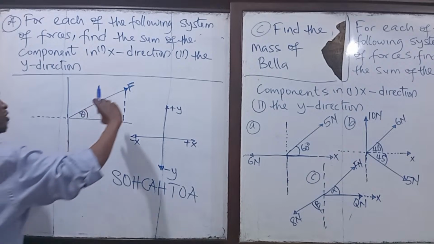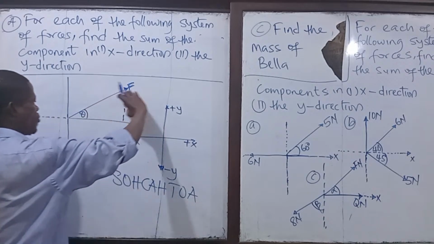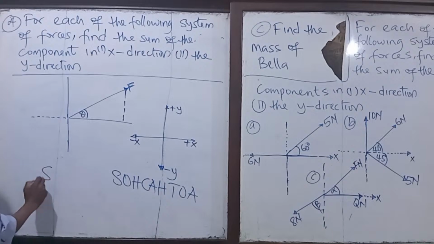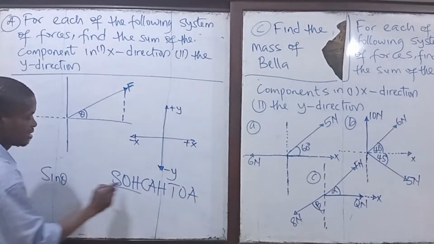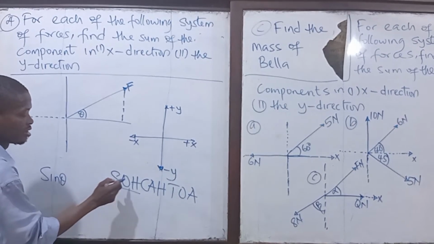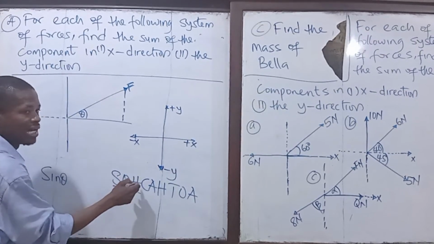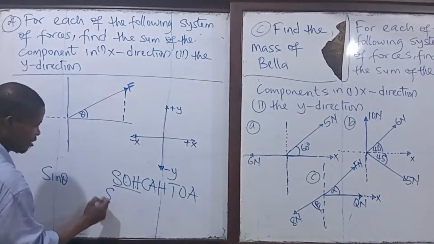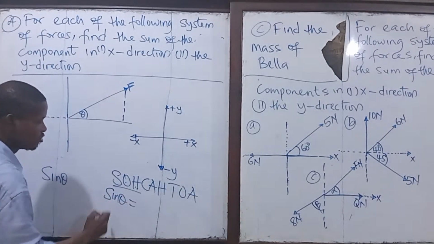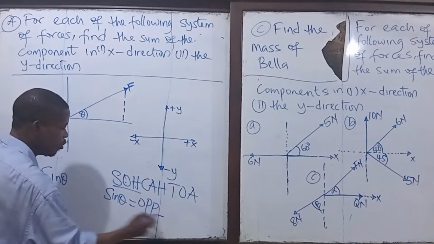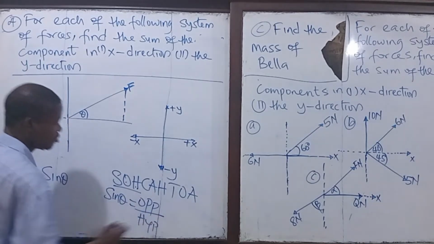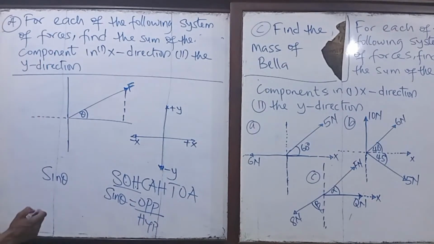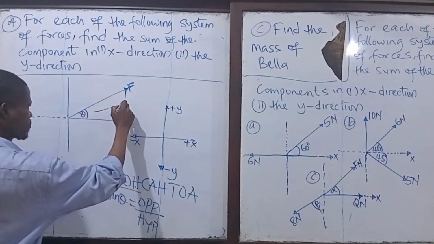If you are resolving along the vertical, we're going to use sine of the angle, which is the SOH of SOHCAHTOA. Sine equals opposite over hypotenuse. Sine theta equals opposite over hypotenuse. This is the vertical.